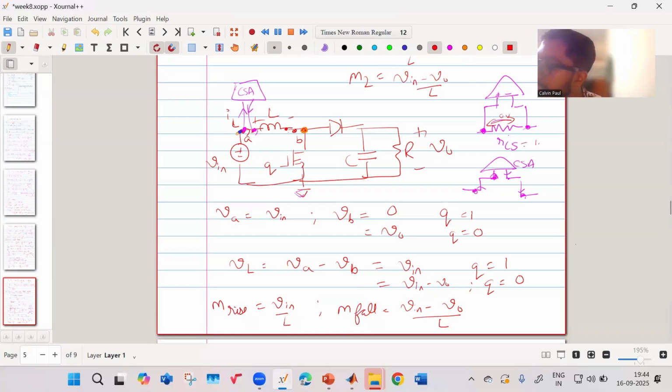Let us say current sense resistor is 1 milliohm. Let us say your current flowing is 10 ampere. So this voltage difference will be 10 ampere into 1 milliohm, which is 0.01 volt. So it's approximately 0 volt. You're correct in terms of saying the voltage across the current sense amplifier.